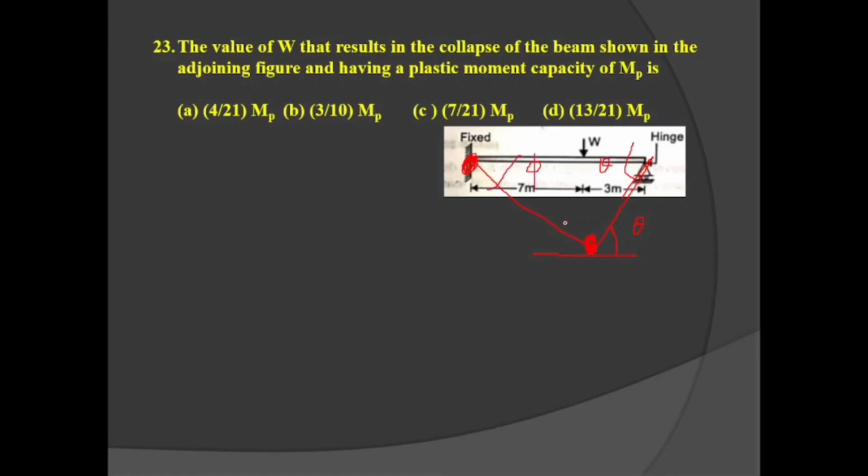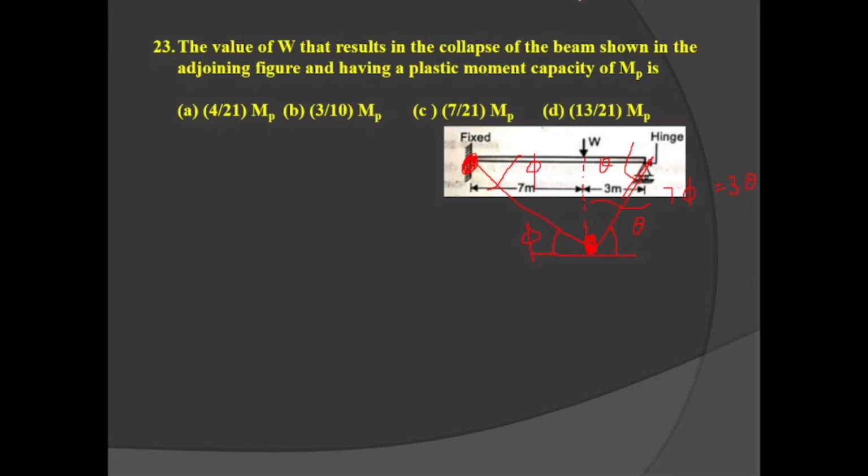If this is phi, this will be phi. Now the lateral deflection is 7 phi, that is equal to 3 theta. So you can calculate the value.